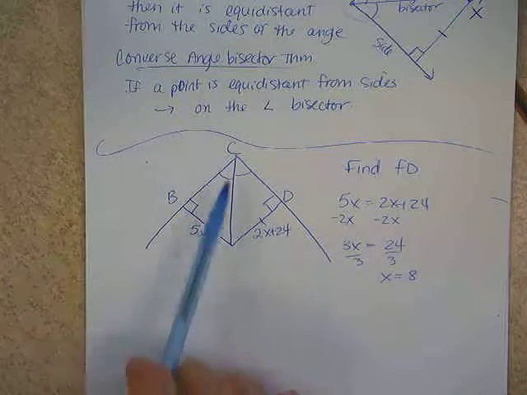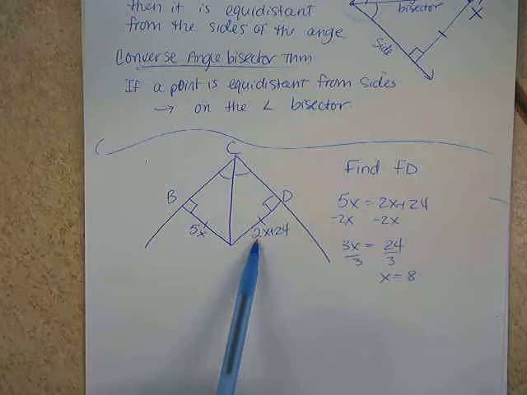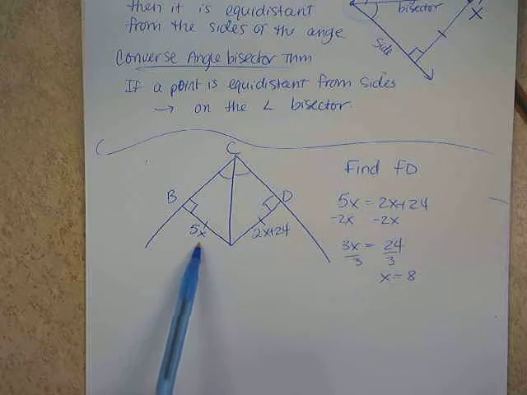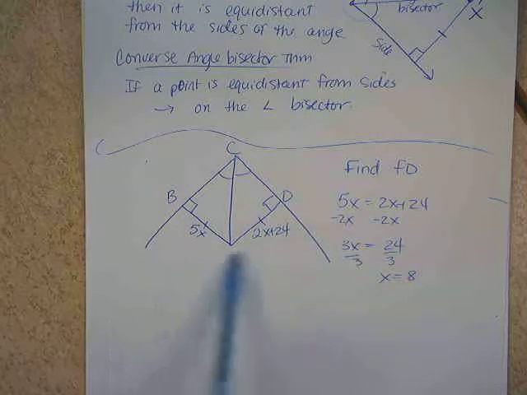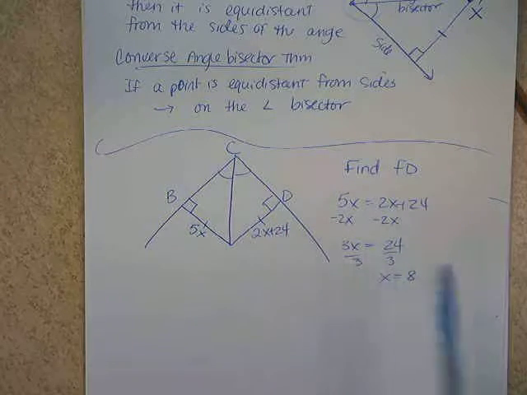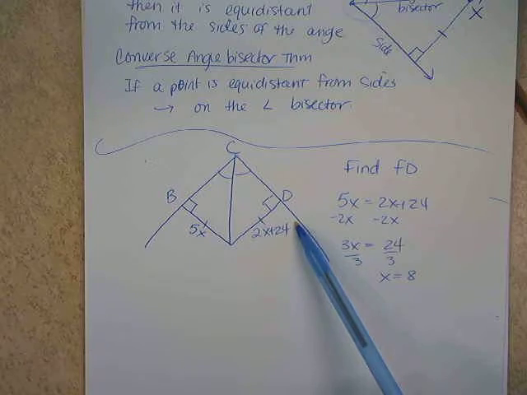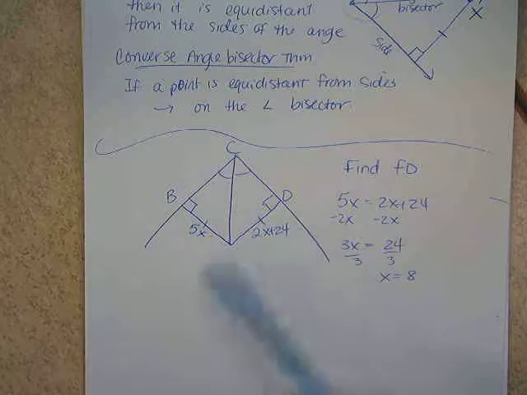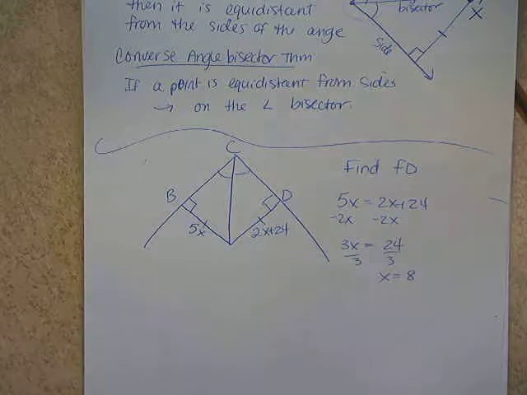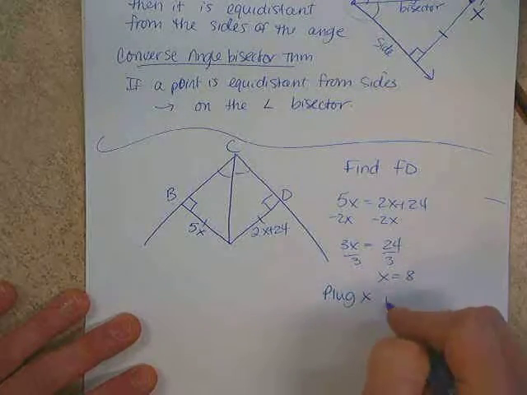I just found X, but that's not FD. The quick way, I'll tell you, is these are supposed to be congruent, right? And we set the equation up as if they were. If you multiply 8 by 5, that's supposed to be both of these lengths. That's really the quick way. So these should be 40. If you want to test that, 8 times 2 is 16, plus 24, also 40.